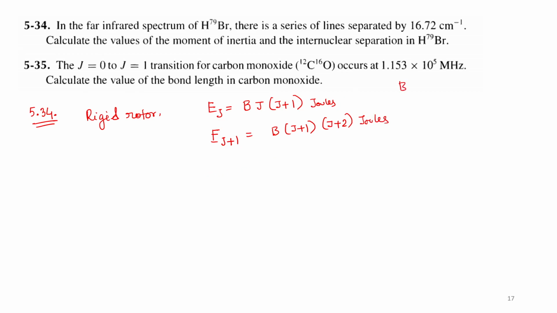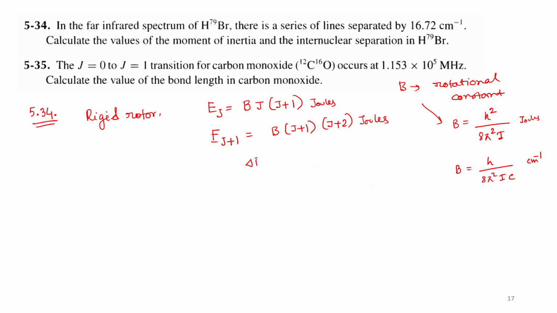So where B is a rotational constant and can be denoted as B is equal to h square by 8 pi square I. I is moment of inertia, in joules unit. If someone wants to write it in centimeter inverse unit, then they have to divide it by hc and they will get h by 8 pi square I c centimeter inverse unit also.